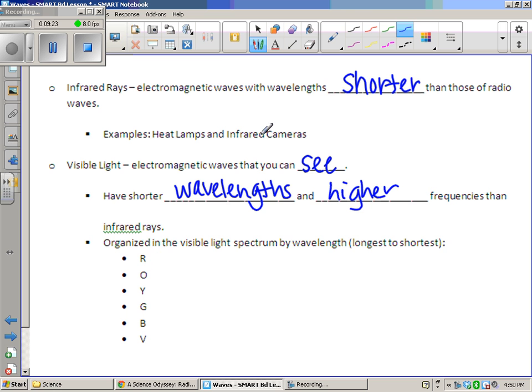So we have red, orange, yellow, green, blue, and violet.